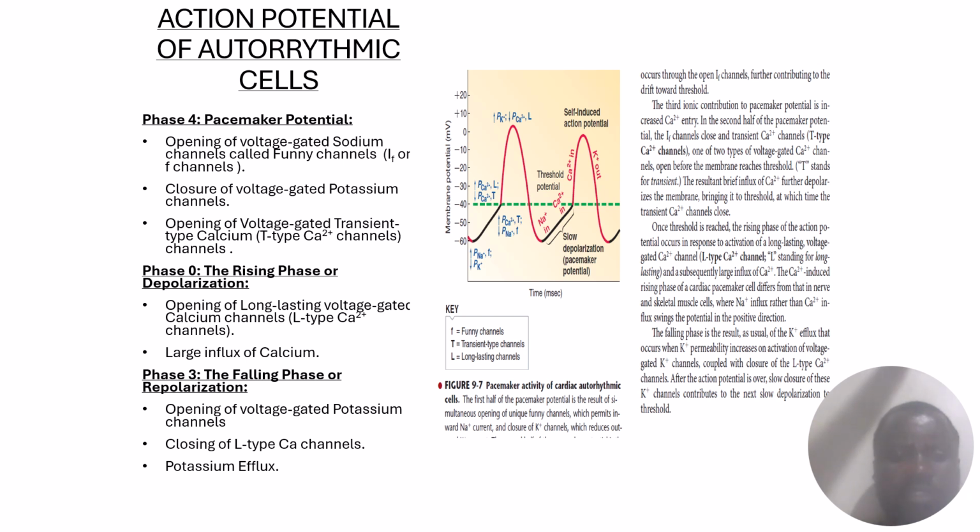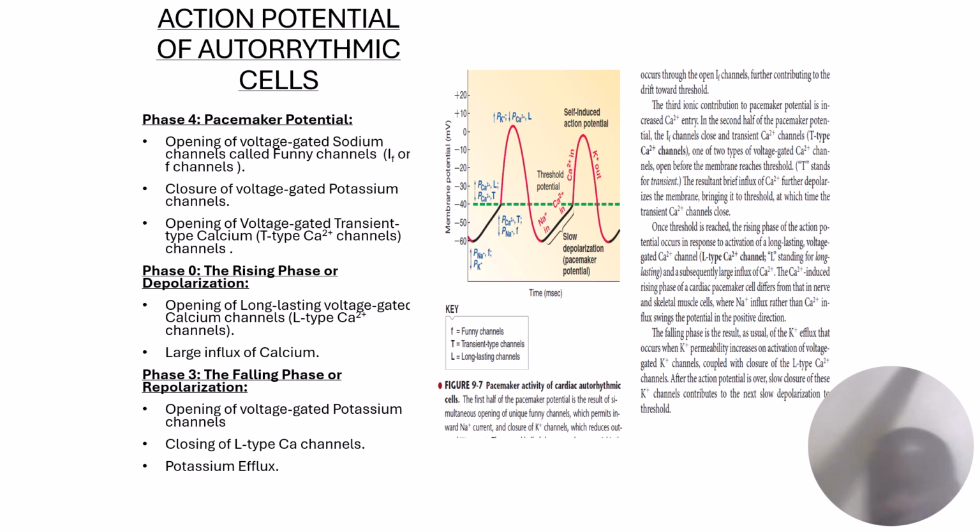But in autorhythmic cells, hyperpolarizing potentials open funny channels, which allow not only calcium flow but also sodium flow, such that the membrane potential moves towards zero, becoming less negative.